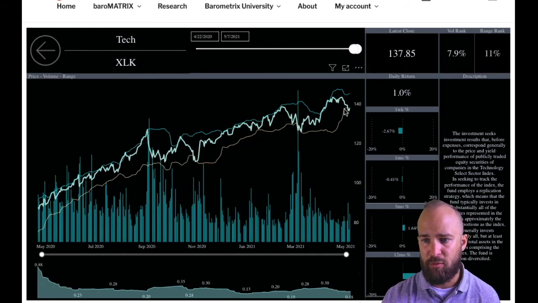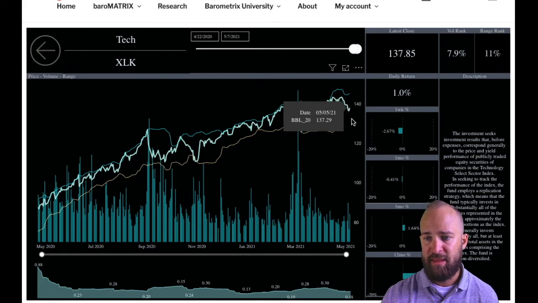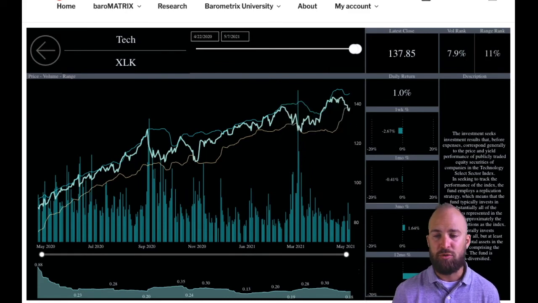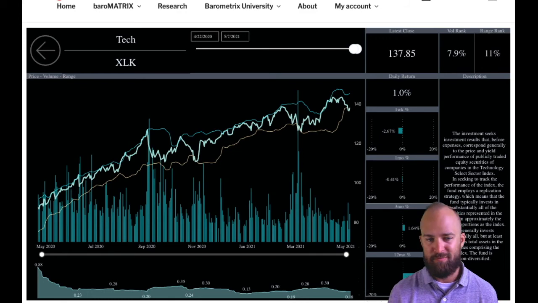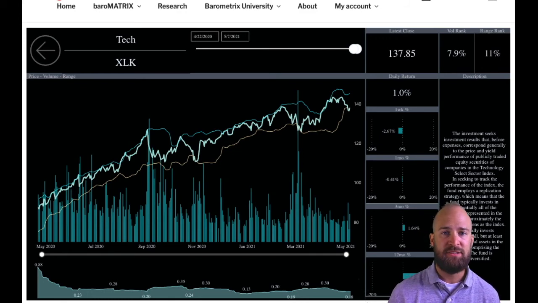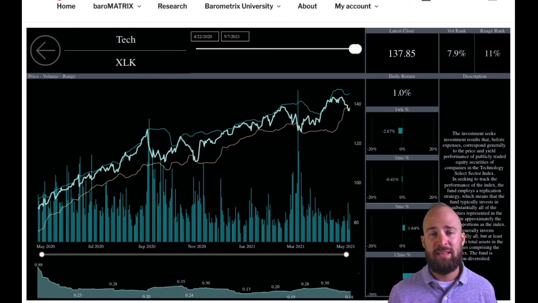So these last couple weeks in particular, this last month has been especially brutal on technology. So that's really a reaction to, again, investor expectations of inflation, investors assuming that inflation will push yields higher.